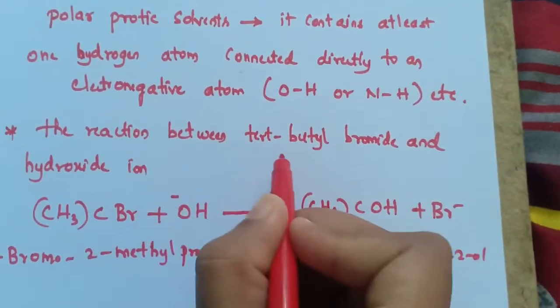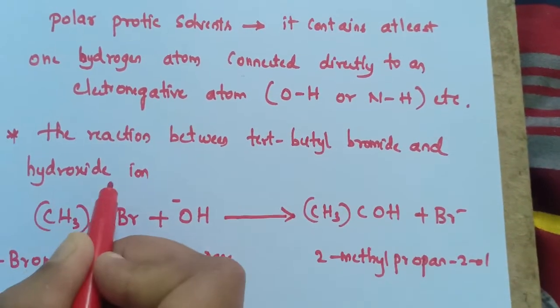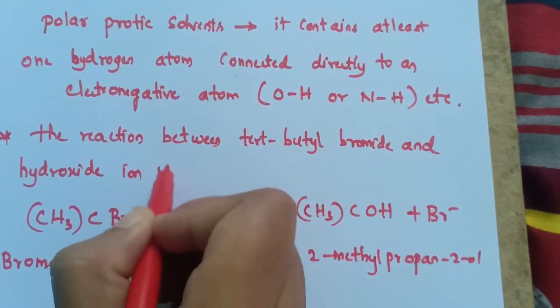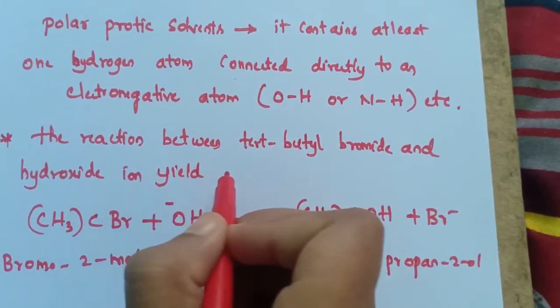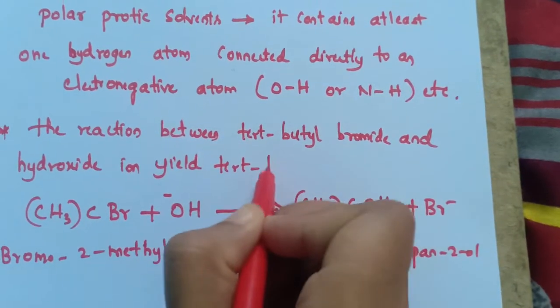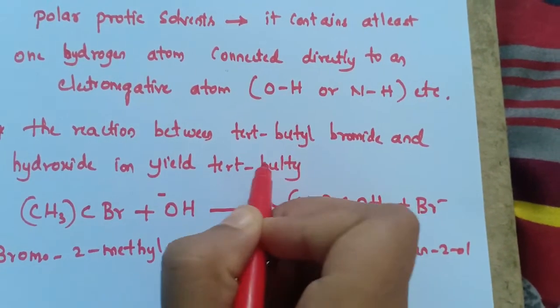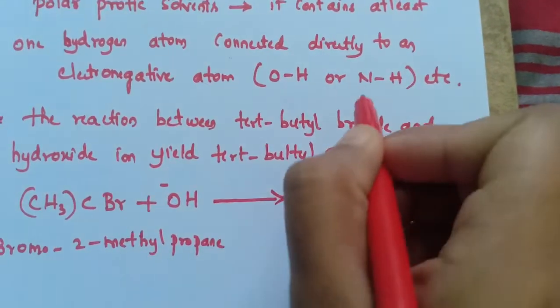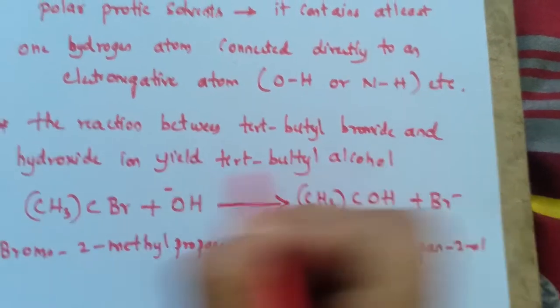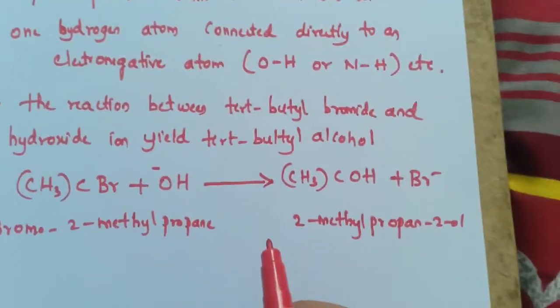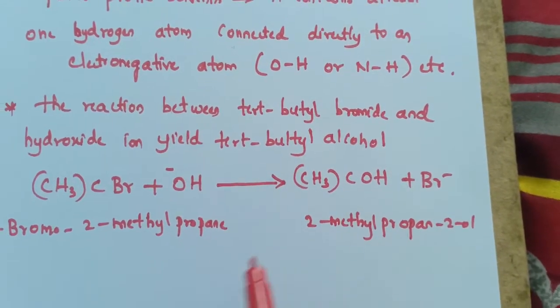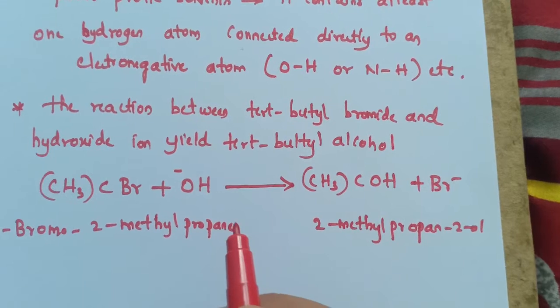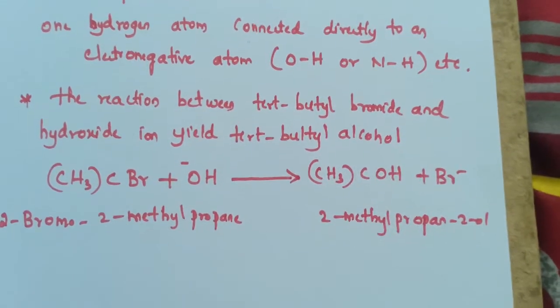The reaction between tertiary butyl bromide and hydroxide ion will yield tertiary butyl alcohol. This is the reaction of SN1 and it follows first order kinetics.